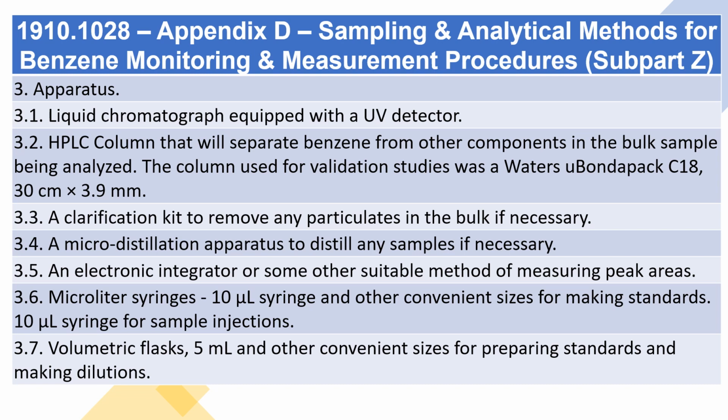The column used for validation studies was a Waters Ubondapak C18, 30 cm x 3.9 mm. 3.3 A clarification kit to remove any particulates in the bulk if necessary. 3.4 A microdistillation apparatus to distill any samples if necessary. 3.5 An electronic integrator or some other suitable method of measuring peak areas. 3.6 Microliter syringes, 10 µL syringe and other convenience sizes for making standards. 10 µL syringe for sample injections. 3.7 Volumetric flasks, 5 mL and other convenience sizes for preparing standards and making dilutions.